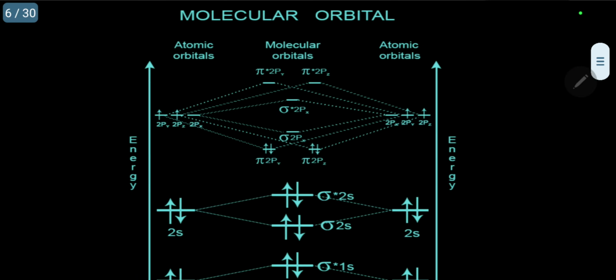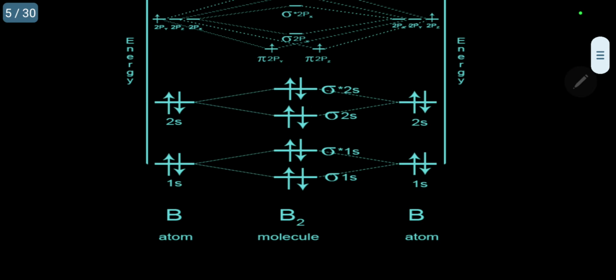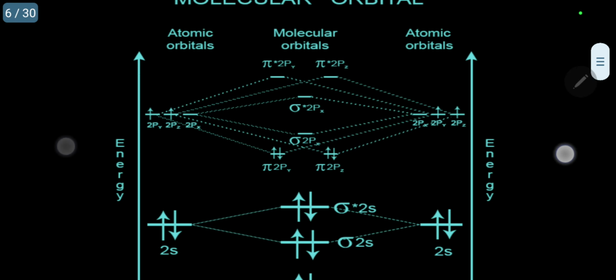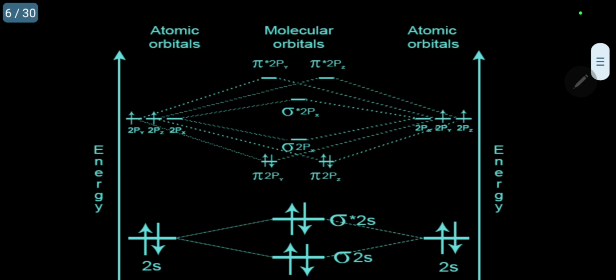As in the previous case, you look here, only this is the carbon. Please follow. As usual, here y is that, here x, that is sigma. Then antibonding: sigma star 2px, pi star 2py, pi star 2pz.